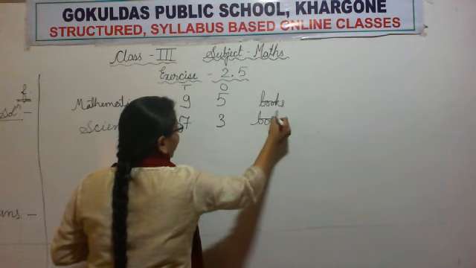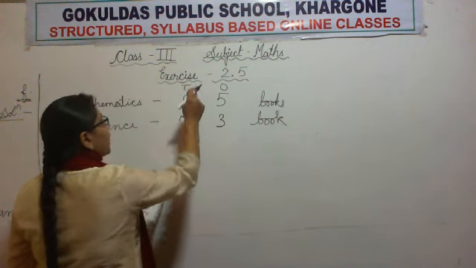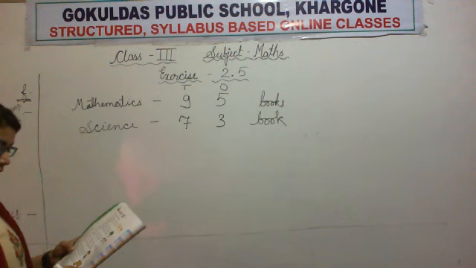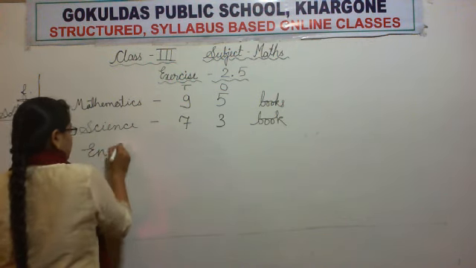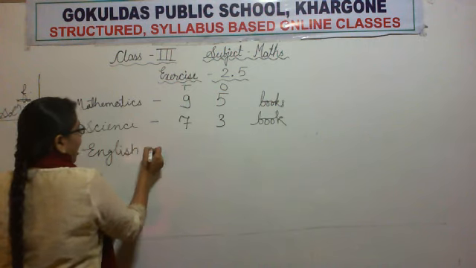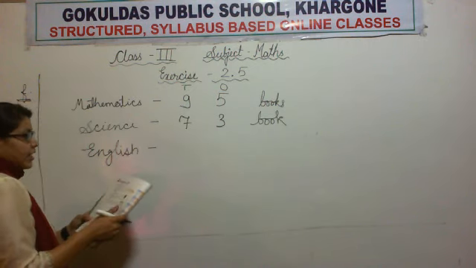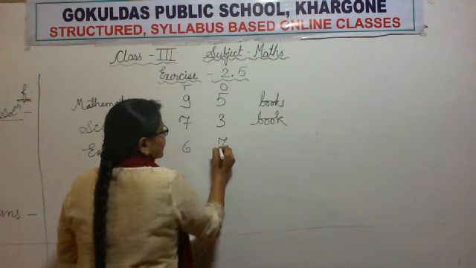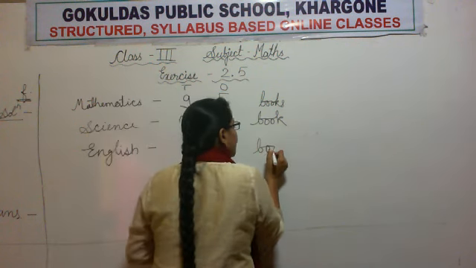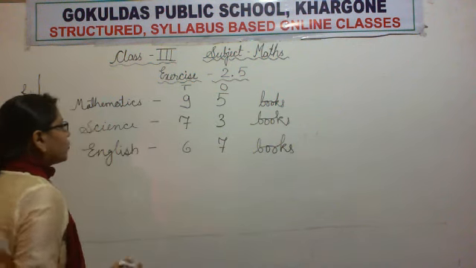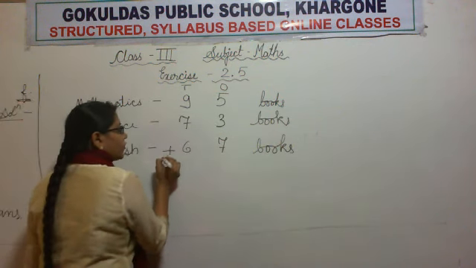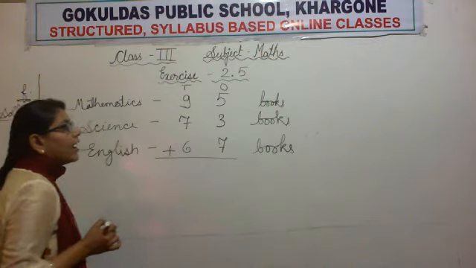Do not forget, write ones below ones and tens below tens. Now the last one is subject English. So how many books of English? 67. What? Books. Okay. So we have to find the total. So we will put a plus sign over here.